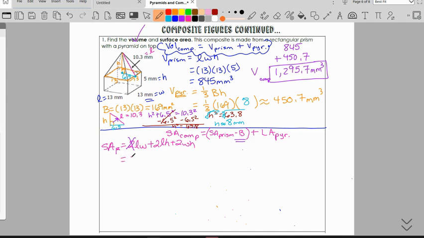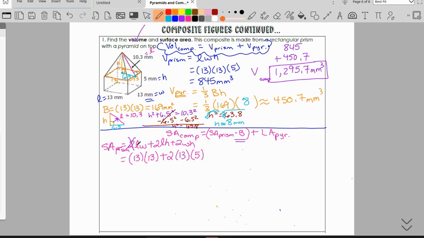So that's going to be, the length we said was 13, and we're using these same labels, length, width, and height, that we originally decided on for our prism. So anytime we're doing the prism, and I should add those letters, prism, we're using these labels for length, width, and height. So just the length times the width, which we said was also 13, plus 2 times the length, which was 13, times the height, which was, here it is, the height is 5.